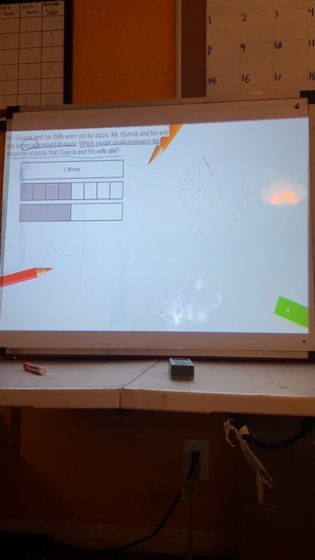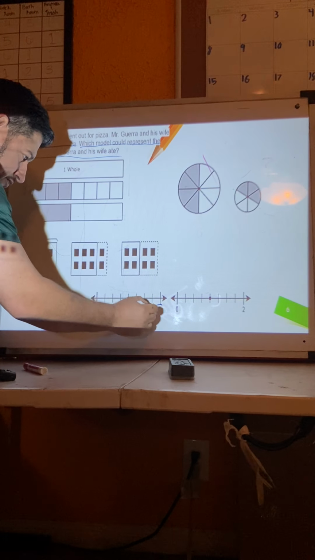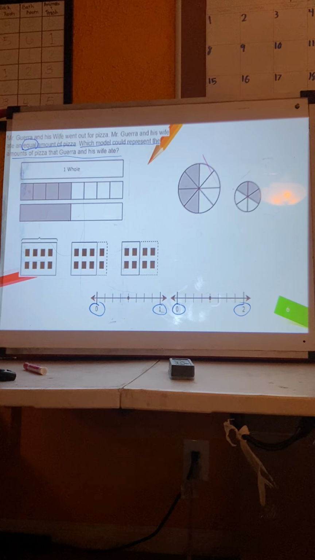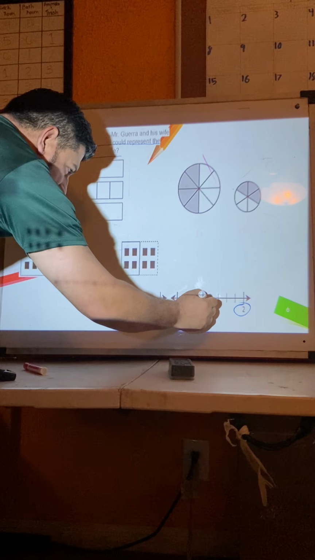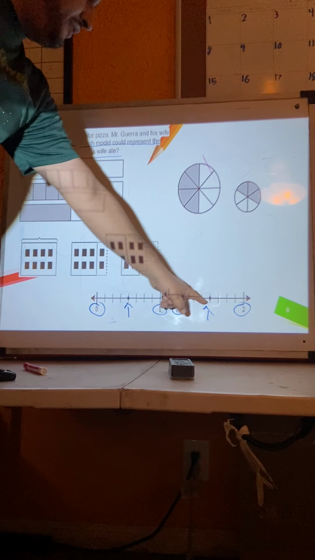So here are the models. There's the first one, there's the second one, third, and fourth. Well, by looking at these models, I can already eliminate 2 of these right off the bat. Because when I look at this number line, I look at those numbers right there, right? Even though the points are directly halfway in between both those numbers, they equal something different.